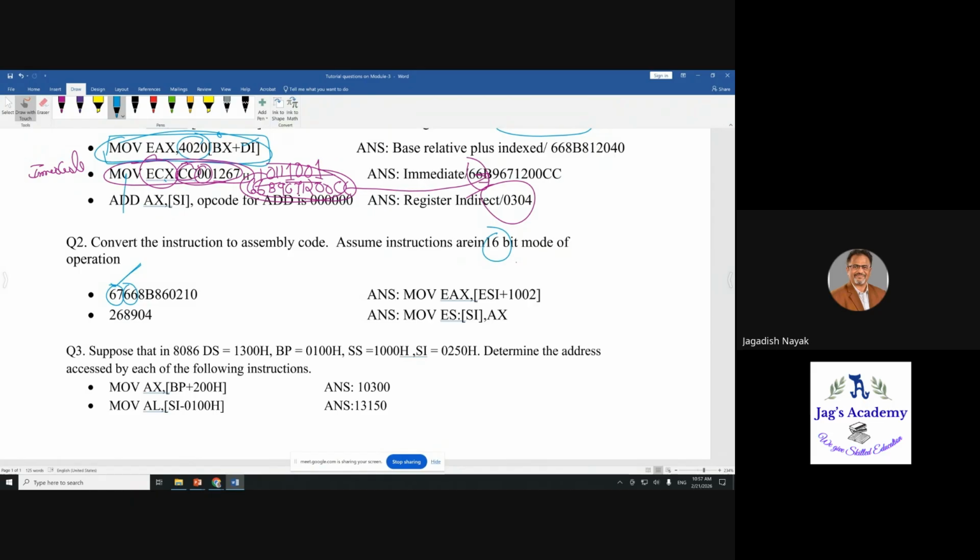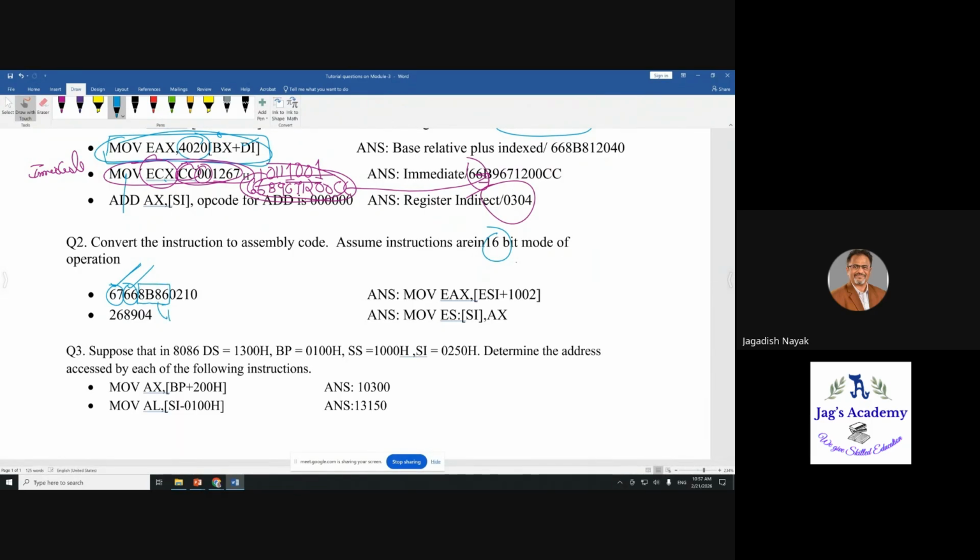First point. Okay. Now 66. That means there is a register violation. Right?